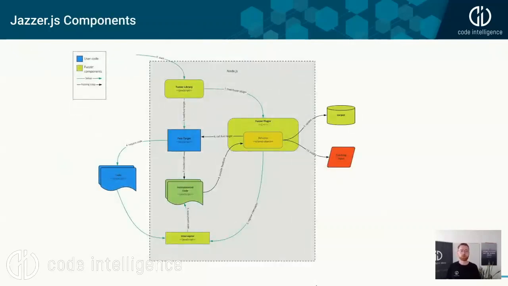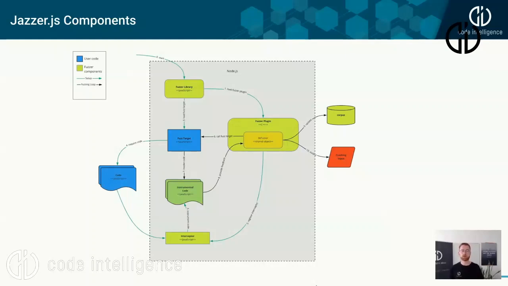Before we start with the live demos, we first have to take a look at the components that are used in Jazzer.js to provide fuzzing in the JavaScript world. In Jazzer.js, we provide a CLI. With that, you can start the fuzzer. Here it's called the fuzzing library, and that loads a fuzzer plugin.